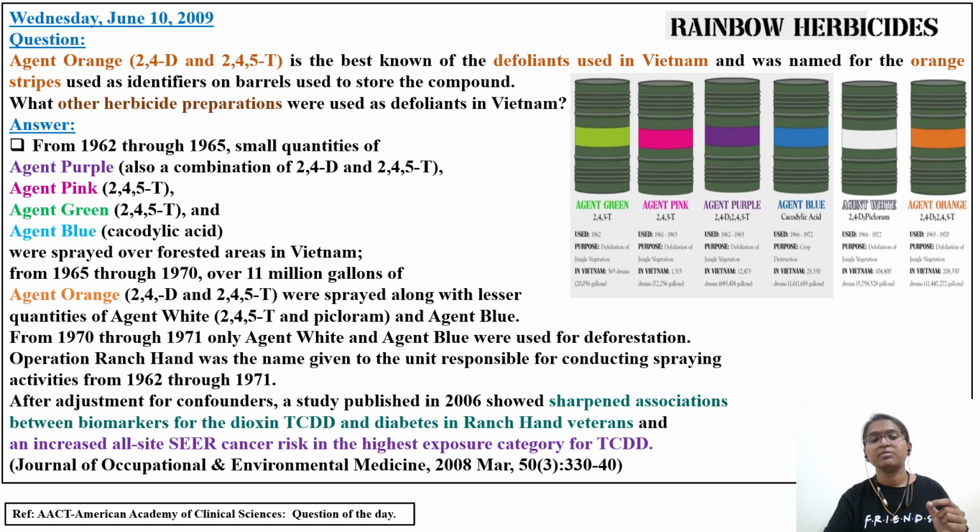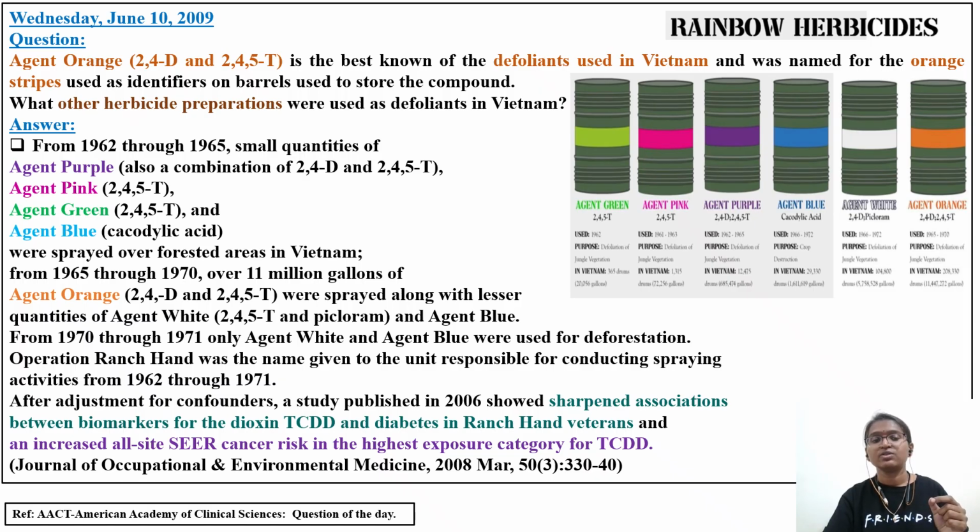What other herbicide preparations were used as defoliants in Vietnam? From 1962 through 1965, small quantities of Agent Purple, also a combination of 2,4-D and 2,4,5-T, Agent Pink, that is 2,4,5-T, Agent Green, 2,4,5-T, and Agent Blue, cacodylic acid, were sprayed over forested areas in Vietnam.